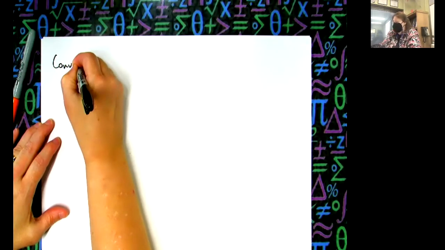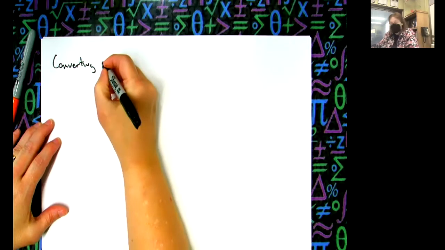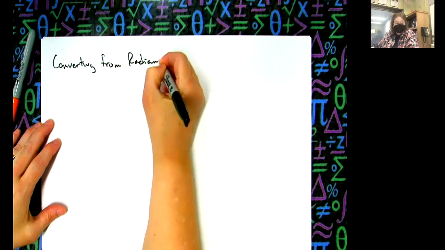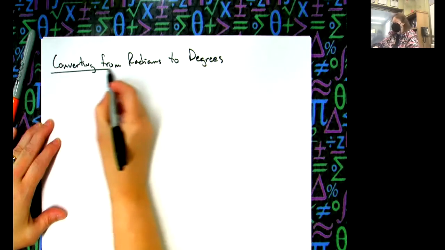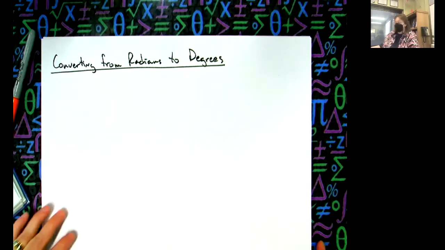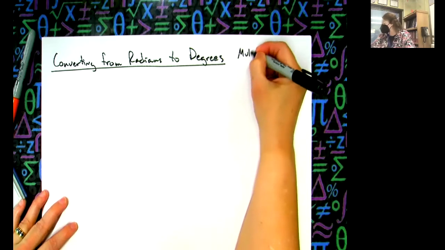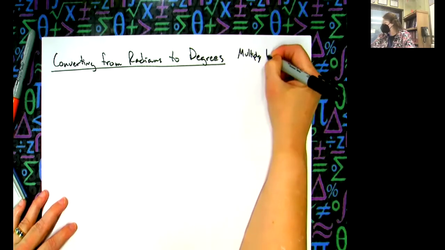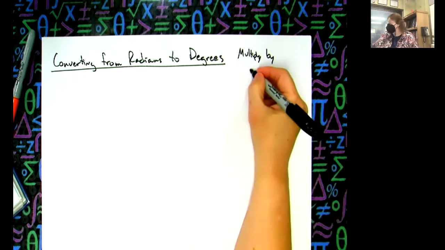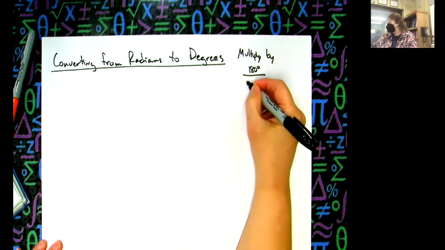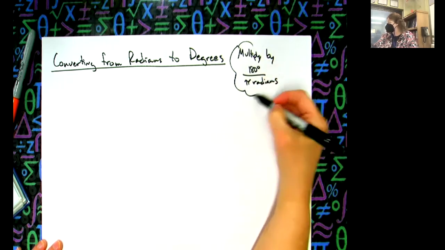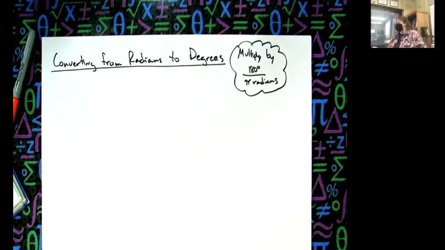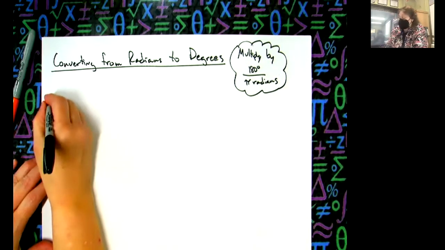Let's say converting from radians to degrees. Okay, so again, we're going to multiply by the reciprocal. I want the 180 degrees on top over the pi radians because I want those radian labels to cross out. Okay, so I'm multiplying by the reciprocal.